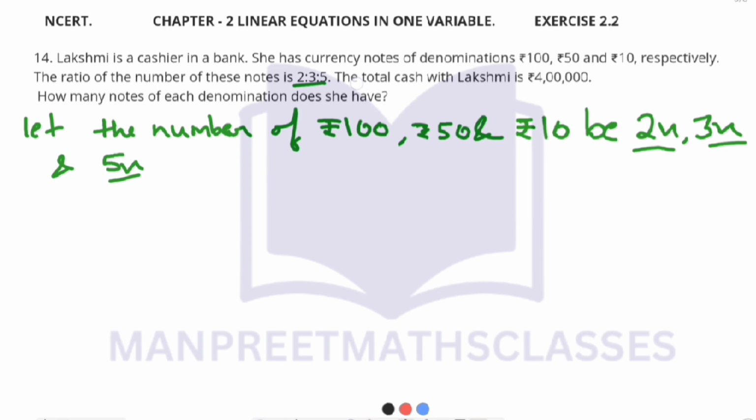So अब next क्या होगा स्टेप, हमें क्वेश्चन में टोटल कैश दिया है, तो अब हम टोटल वैल्यू फाइंड करेंगे हर एक रुपीज वाले नोट की कि 100 रुपीज के टोटल कितना अमाउंट है, 50 वाला कितना है एंड 10 वाला कितना है.